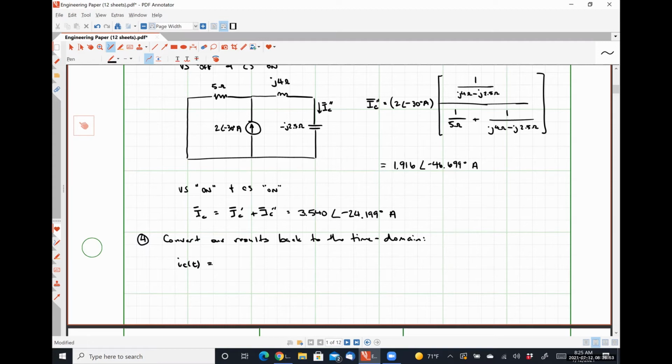So the inverse, so we take the amplitude 3.540 cosine, okay, so 2t, phase angle, yeah. So negative 24.199 degrees amps. And there we have it.